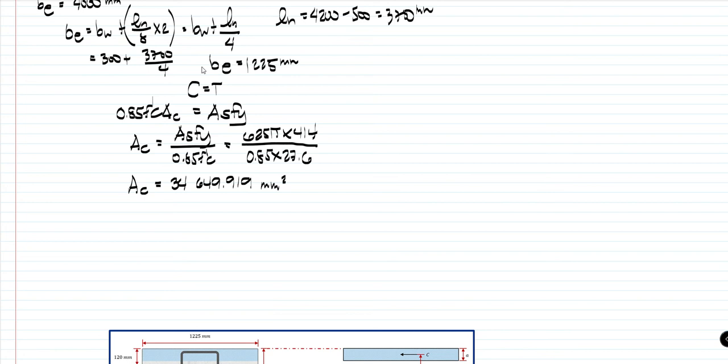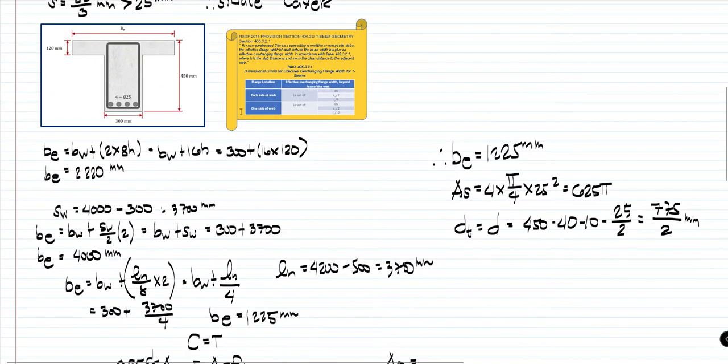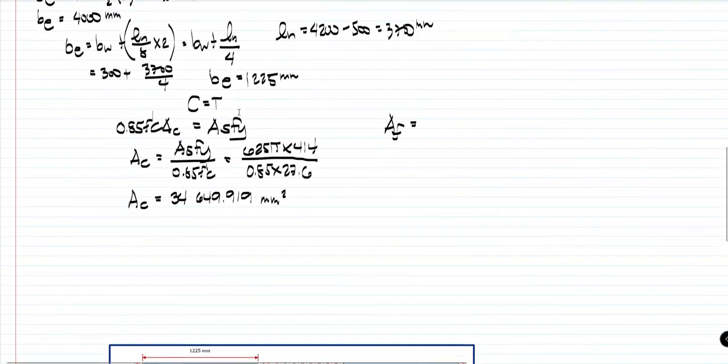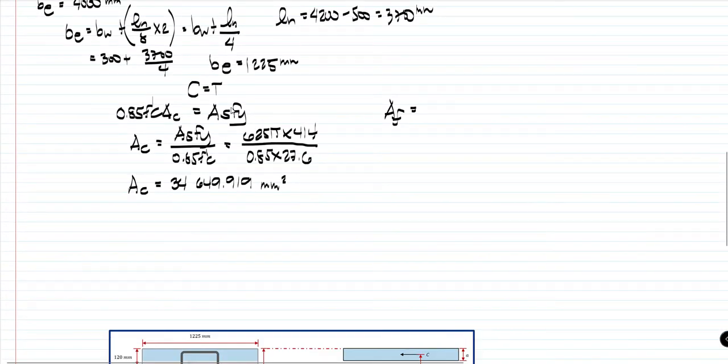Ngayon, para malaman natin kung saan papatak si depth of compression block, we need the value of the area of the flange. The area of the flange will be, syempre, yung BE natin is 1225 times lang natin yan sa 120. So that will be 1225 times 120.